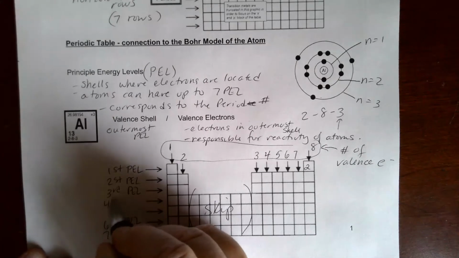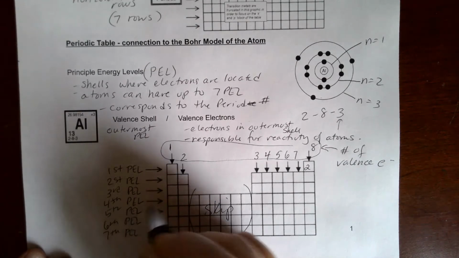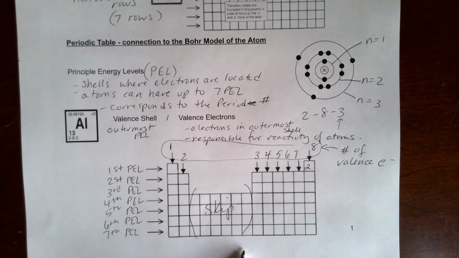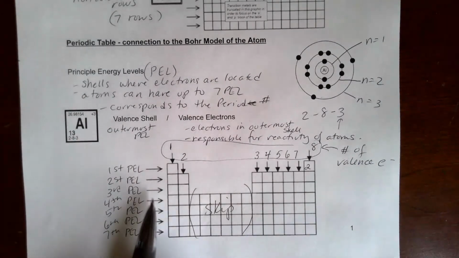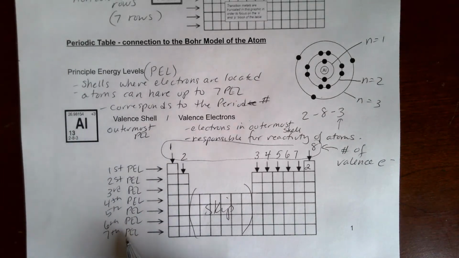And I'm just going to go ahead and write them in. All right, so there's 7 rows of the periodic table, there's 7 periods, and each period means that a whole new principal energy level has been added.